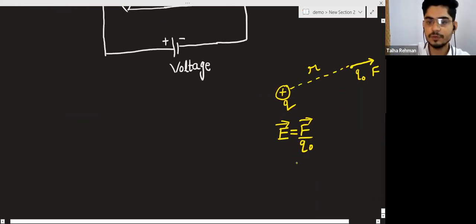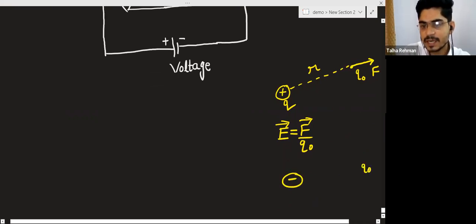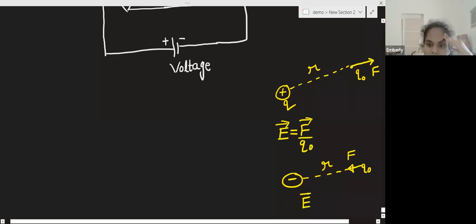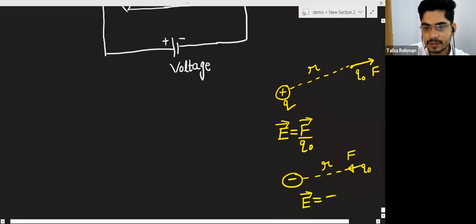If you take a negative charge here and a test charge at some distance, the test charge is for testing the direction of electric field. There is a force in this direction, because opposite charges attract. So the direction of electric field is towards the negative charge.